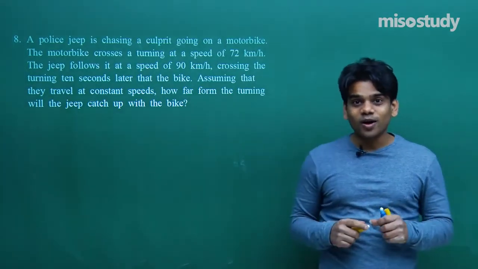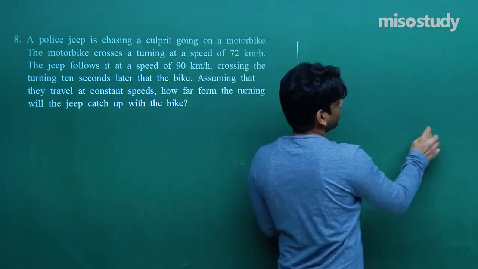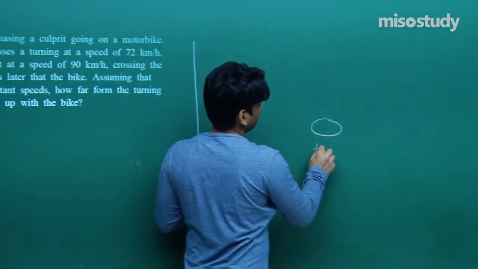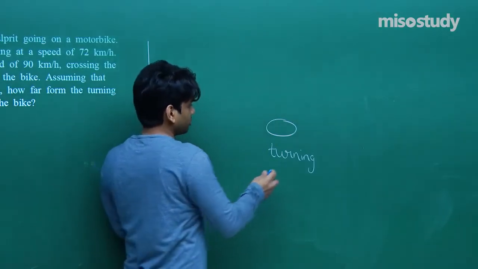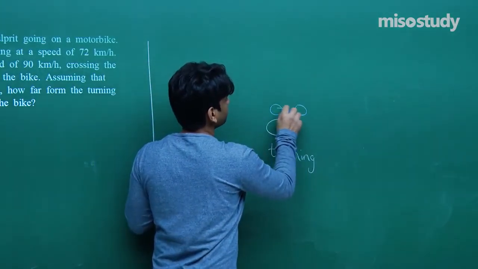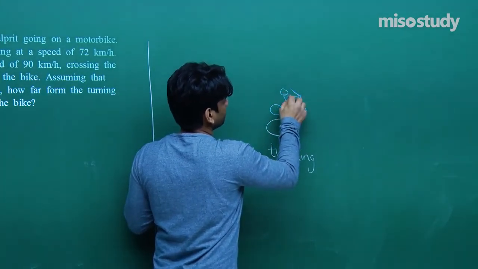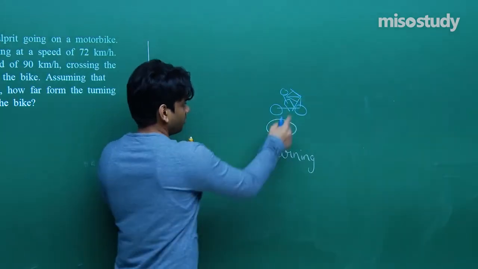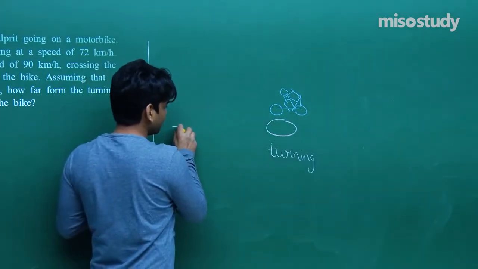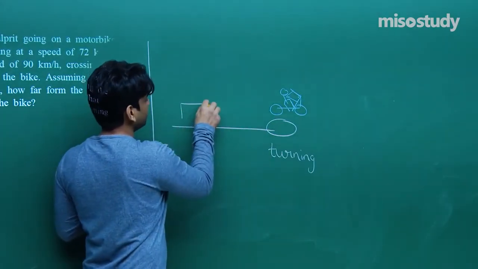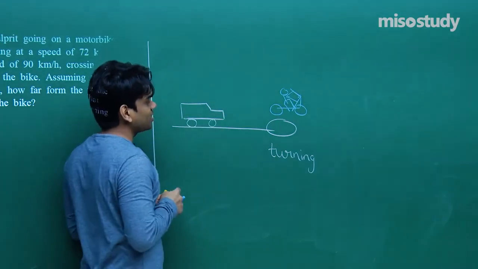So let me show you the scenario, how it will be looking. Suppose we have this as the turning, and the motorcycle crosses the turning. This is the motorbike. The police jeep is lying behind and is chasing.